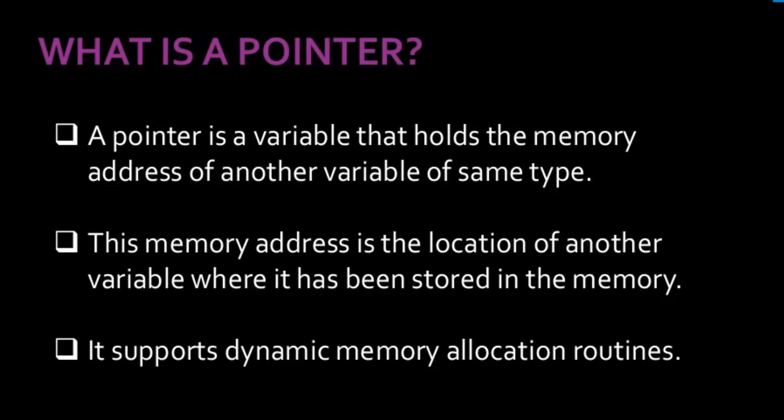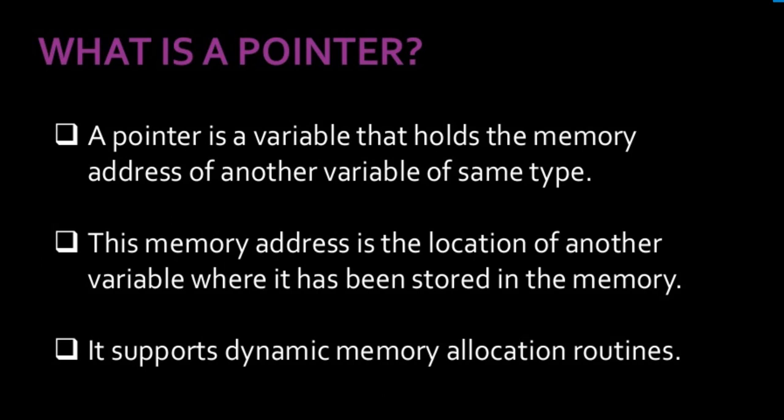So what are pointers in C++? A pointer is a variable that holds the memory address of another variable of same type. तो इसका क्या मतलब हो गया कि pointer भी एक variable है जो कि memory address को hold करता है. It doesn't hold another variable of the same type.